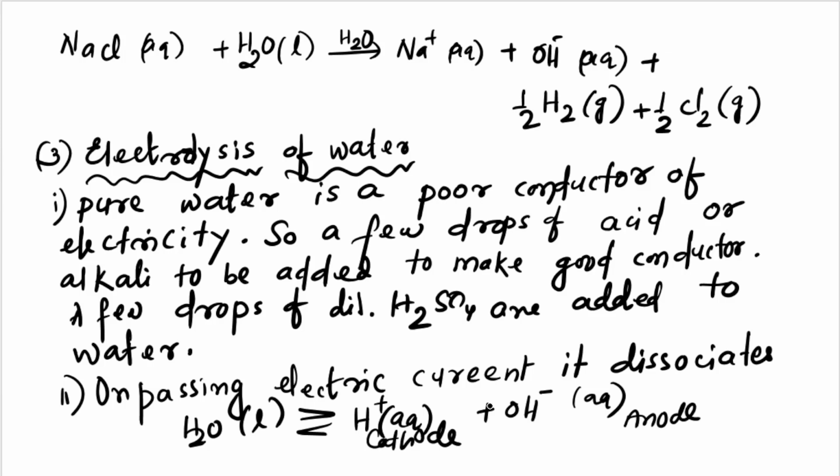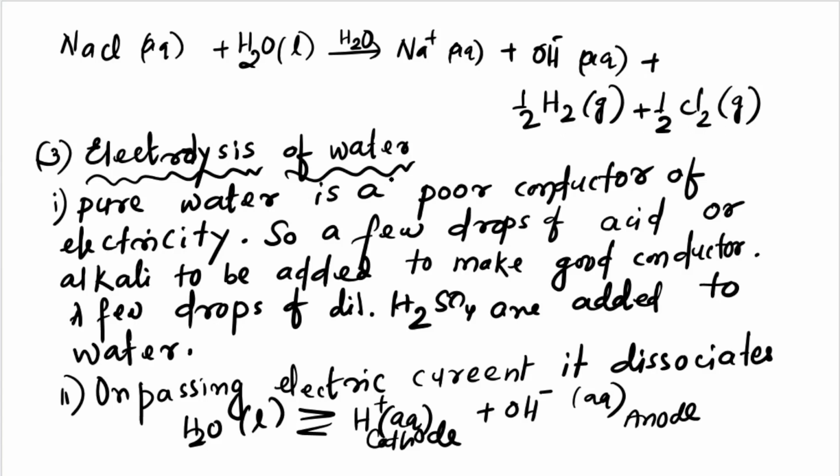So NaCl aqueous plus water reacts and gives Na plus aqueous and OH minus aqueous. Then what are the gases liberated at cathode and anode? Half chlorine at the anode and half H2 at the cathode.